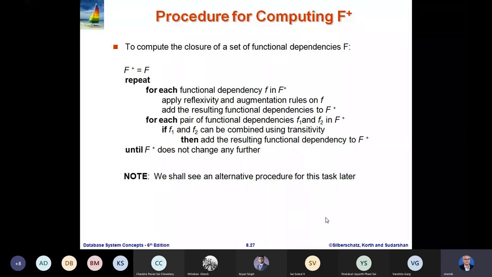Then those which are there in F plus will again be used to get more functional dependencies by applying the axioms, and for each pair we take for transitivity, we repeat it. Now we'll get some more FDs, and again for those we have to check for reflexivity and augmentation and so on. We do that till we get to a convergence, and that is the process of getting F plus. But we'll see later some alternative procedure for doing this task.